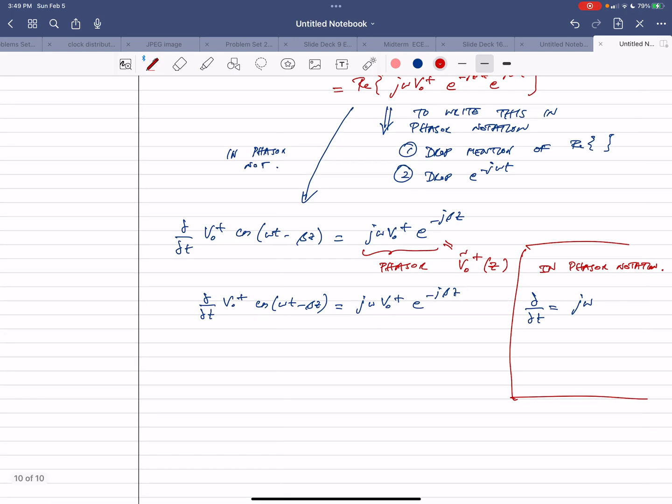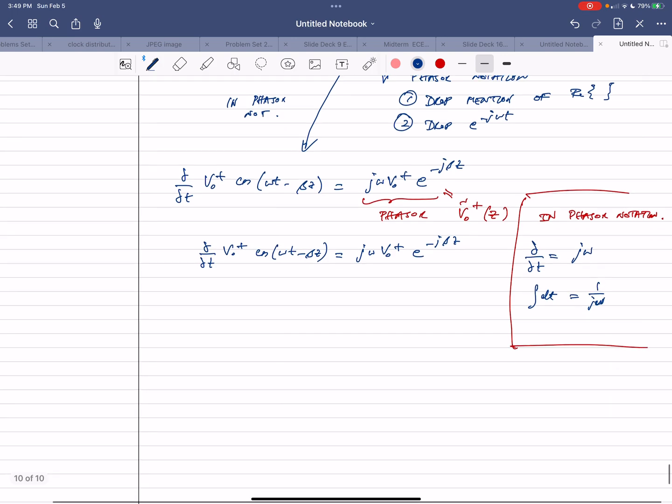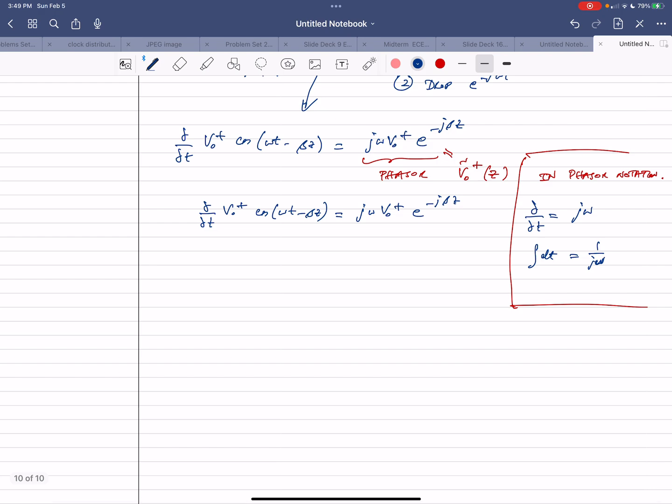And the integral, I haven't shown this, but the integral with respect to time is equal to 1 over j omega. So it makes life easy when we're doing math, etc. Again, it's not like we're doing a frequency transformation or something like that. It's just a way to make calculations a little bit easier.